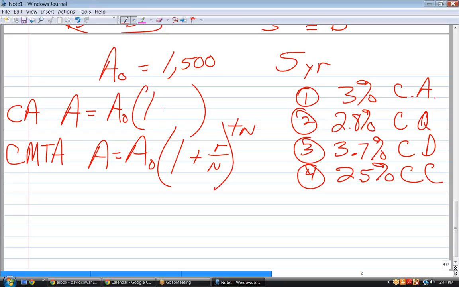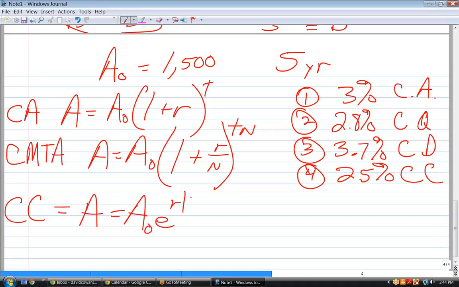Compounded annually is just 1 plus r to the t. Compounded continuously is Pe^(rt). So there's your three equations.